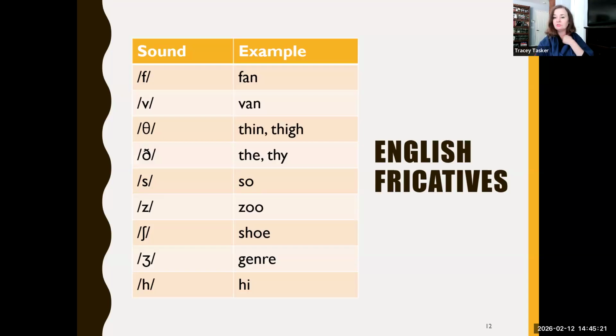If you put your hand on your vocal cords, you can feel the difference. So if you say bath, and then you say bathe, you feel your vocal cords vibrating for that second one, right? That helps me remember the difference between them.